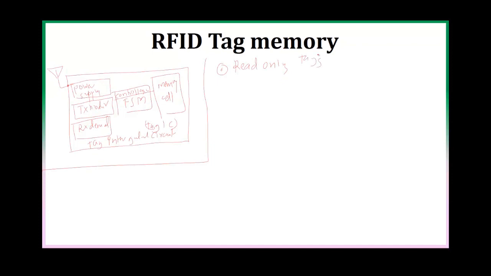These kinds of tags are assigned some tag ID during factory manufacturing that could never be changed. So obviously you could understand they are read only tags. Once the tag ID is assigned during manufacturing, it could not be changed. No additional information can be assigned to that particular tag.